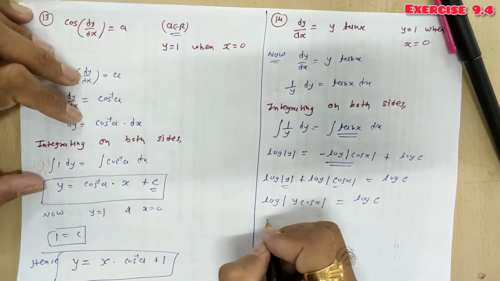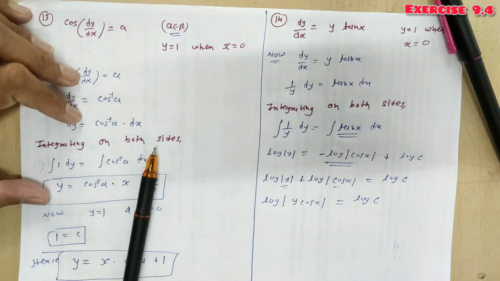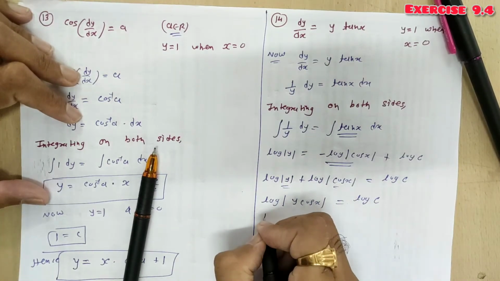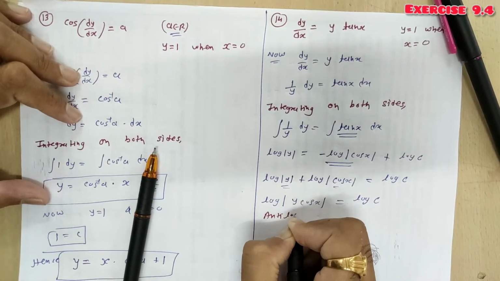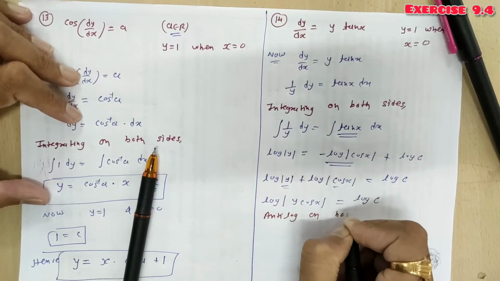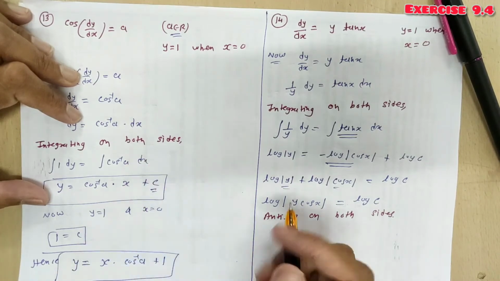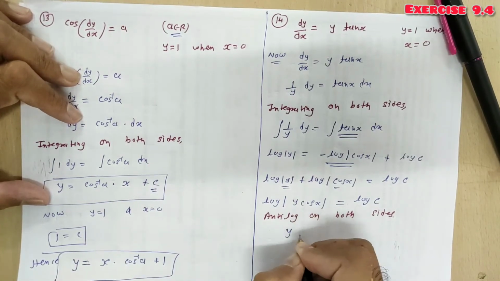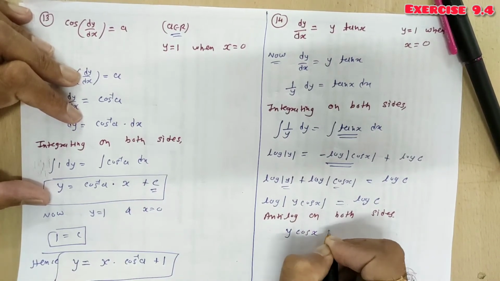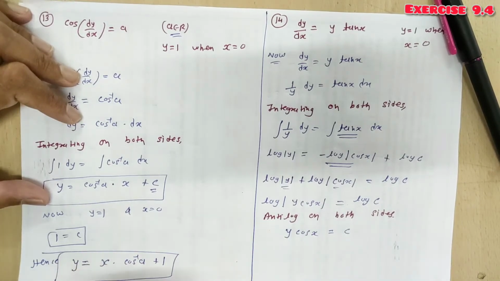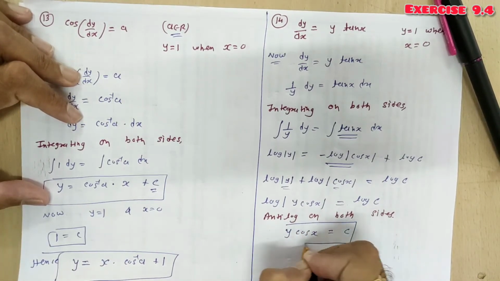Now taking anti-log on both sides, this log will be cancelled out. So y cos x equal to c is the general solution.